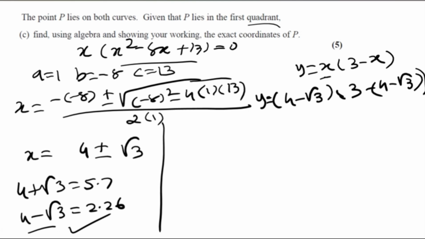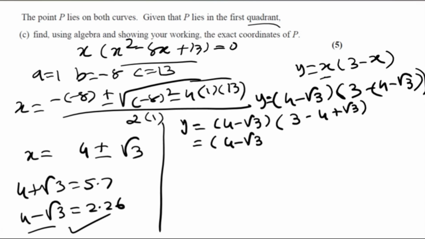I have to keep it in a bracket. Okay. So when I simplify, 4 minus root 3, and when I open the bracket, 3 minus 4 plus root 3. So 4 minus root 3 and 3 minus 4 will give me minus 1 plus root 3.